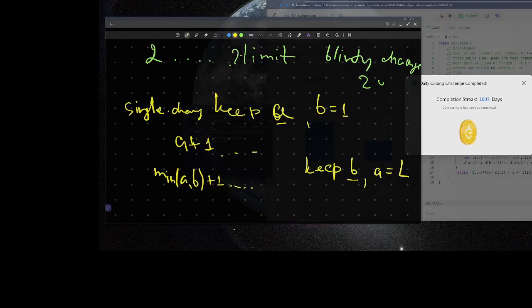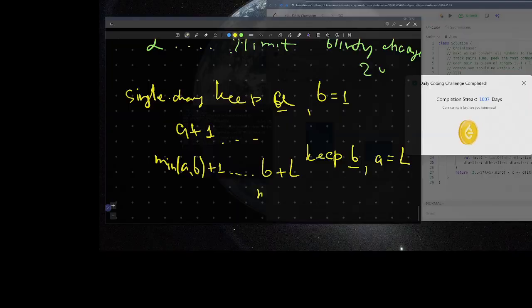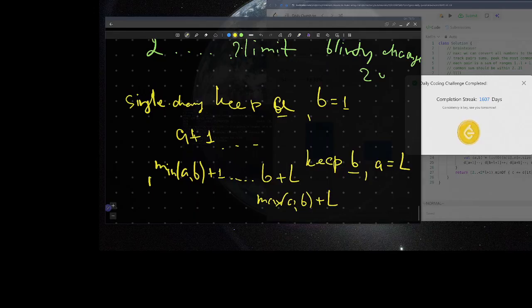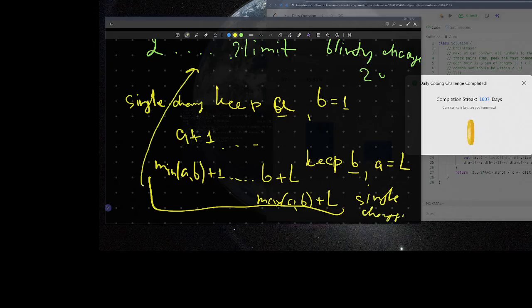So it will be B plus L, or maximum AB plus L. So this is a range that has only single change. And it is inside of this range.